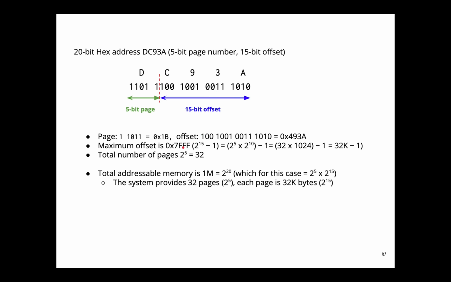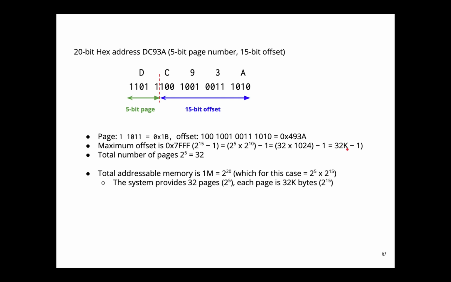So 7FFF. And if we add 1 to that number, what we get is 1 followed by 15 zeros, which is 2 to the power of 15. This number is very close to 32K.